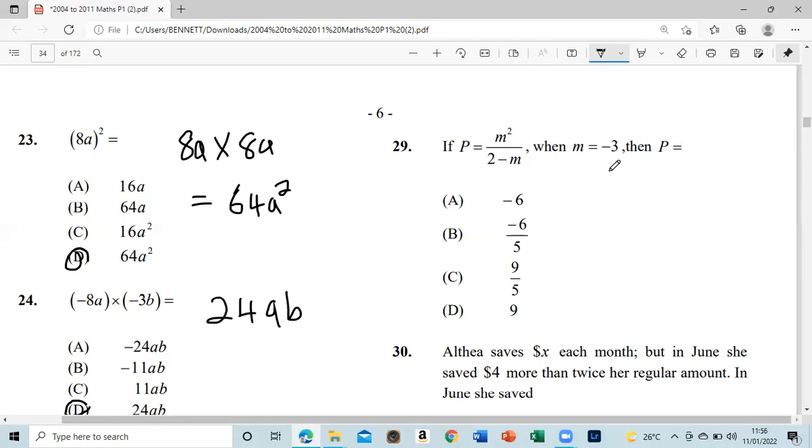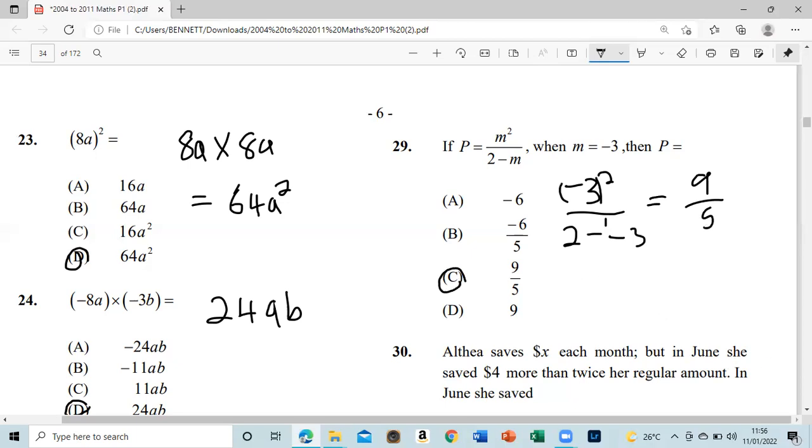All right, so m is equal to negative 3, so that's negative 3 squared. I'm not gonna write it over, right? And then 2 minus m. But m is minus 3, so you put the minus, all right? So negative times a negative would give us positive, so that's positive 9. Any number squared is always positive, all right? And then this is gonna become a plus, so 2 plus 3 is 5. So that's 9 over 5 for C.